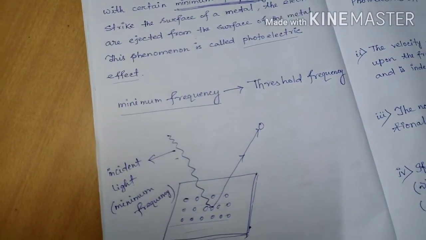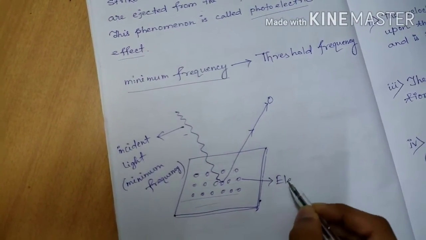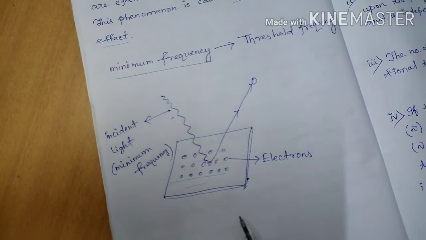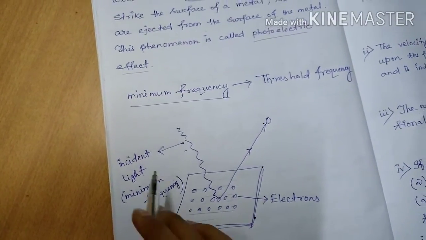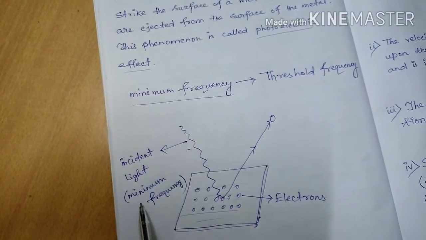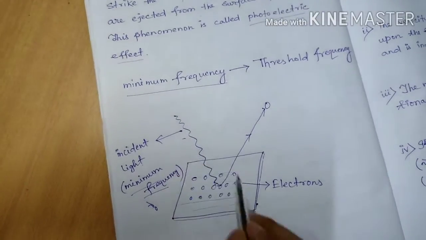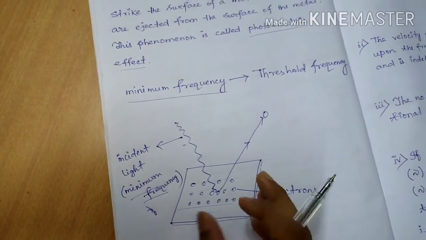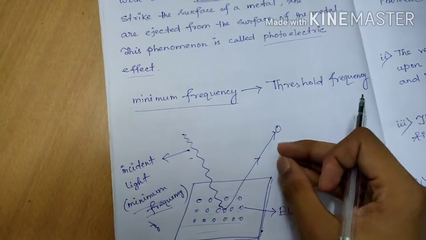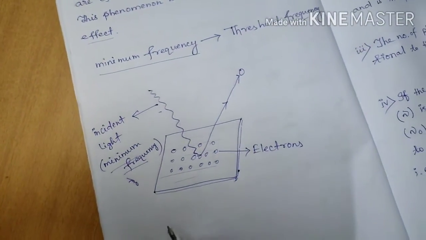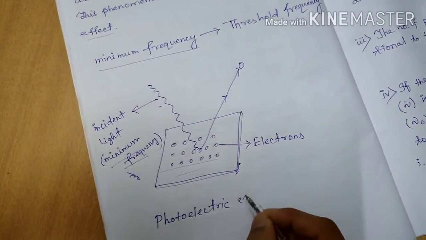In this way, these are the electrons. So this is the photoelectric effect. That means when incident light having certain minimum frequency nu naught strikes the surface of any metal, then the electrons present on the surface of that metal will be ejected, and this phenomenon is called the photoelectric effect.